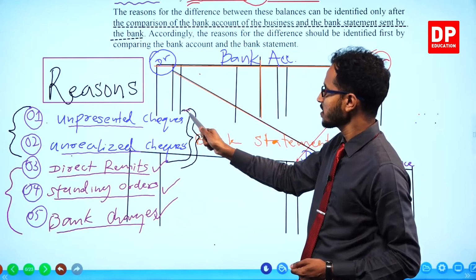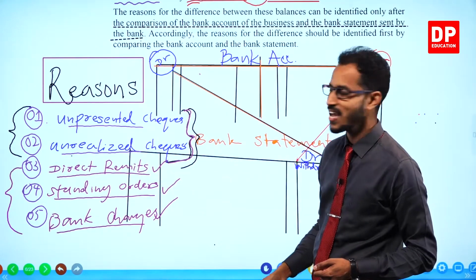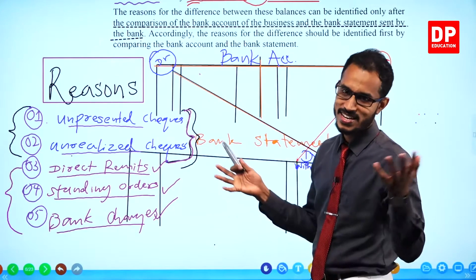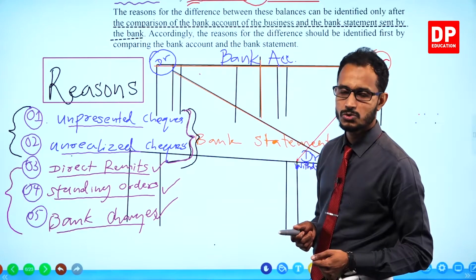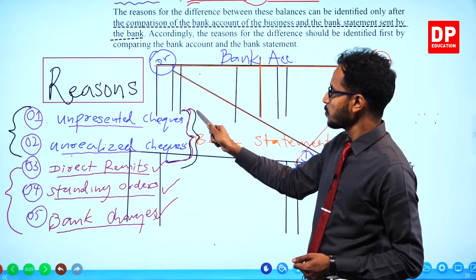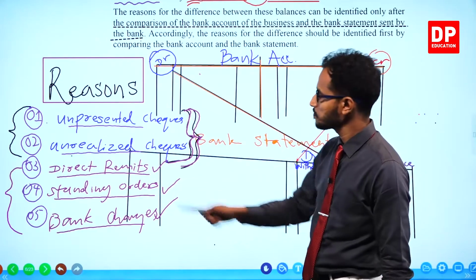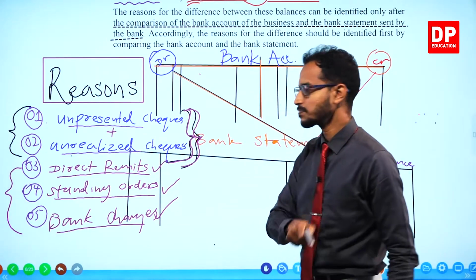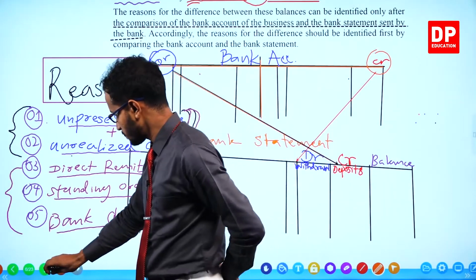From the things that we found, what else are we having? These ones. Unpresented checks and unrealized checks. You have understood by now. We have to prepare the bank reconciliation statement using these two. Right, let's go.